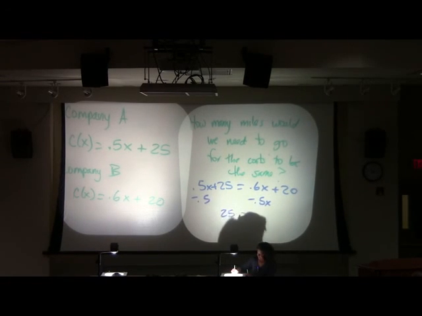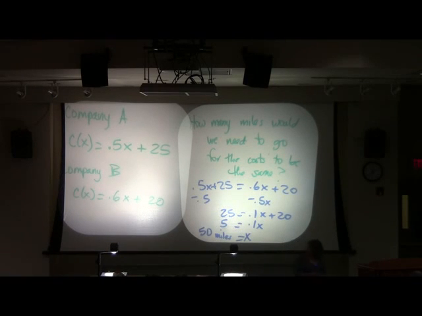So don't I have 5 as 0.1x? So 0.1x is 5. So x is 50. So if we drive our truck exactly 50 miles, it doesn't matter who we rent it from. It's going to cost us the same thing. Okay? You guys with me here?